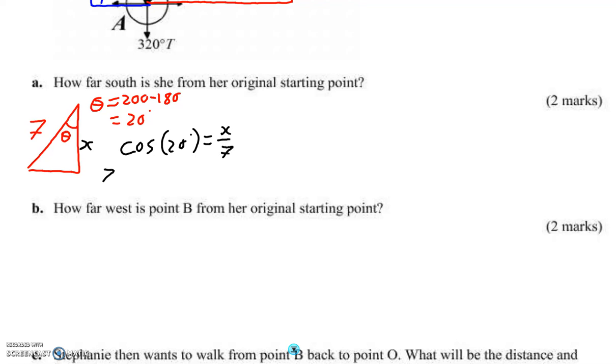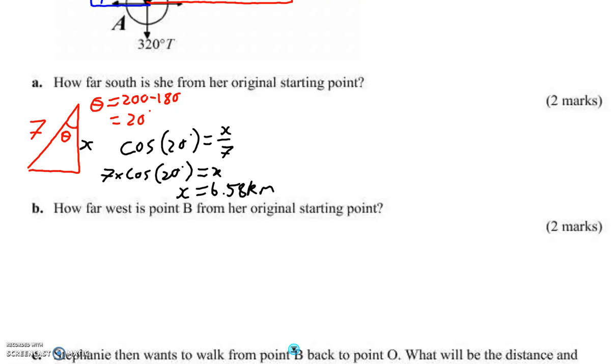Which means that 7 times cosine 20 degrees will give us x. And that gives us a final x value of, no sorry, 6.58. There we go. x equals 6.58 kilometers.